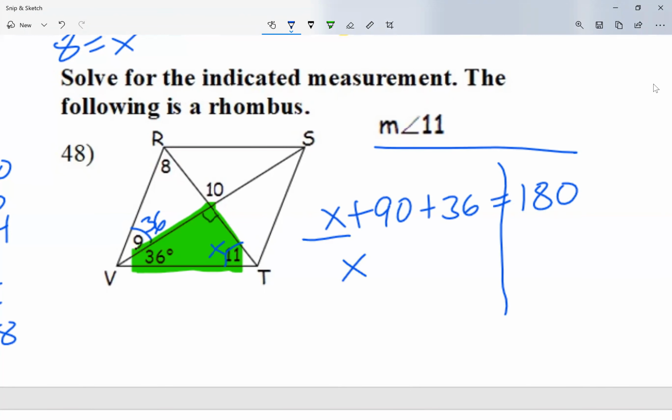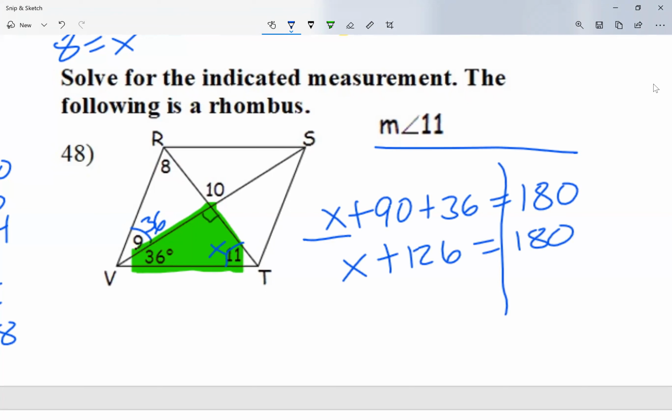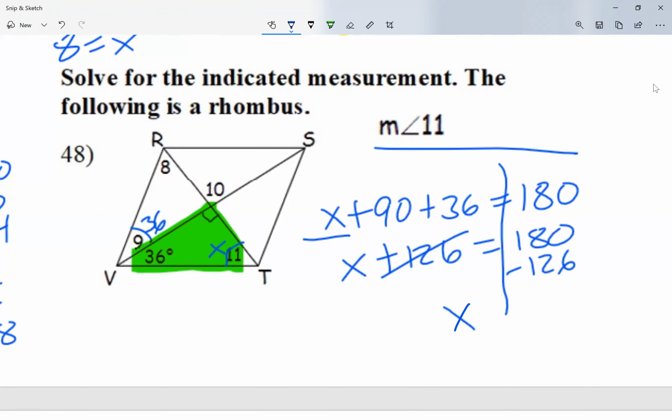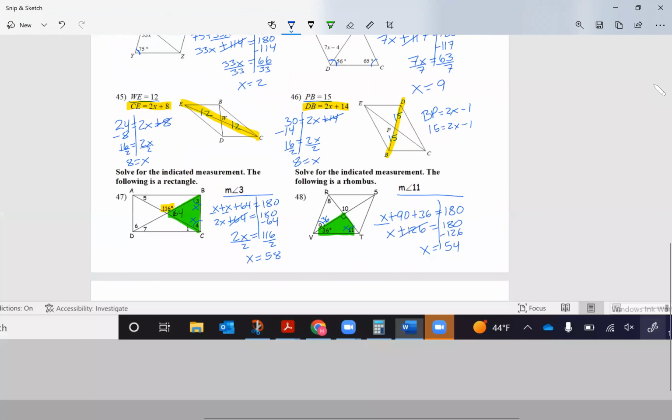Now 90 plus 36, that's 126. And it says this is all equal to 180. My plus 126, let me move it over as a minus 126. Now 180 minus 126 happens to be 54. There you go. x equals 54. Let me zoom out so you guys can see what we did today.